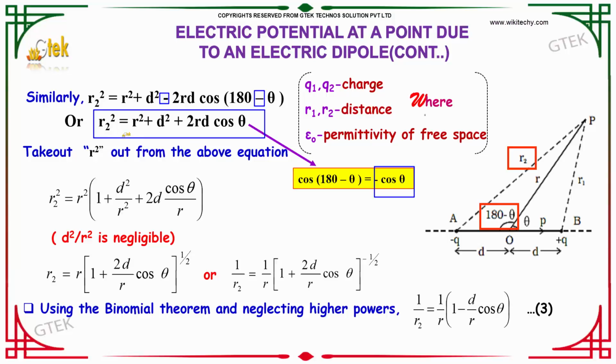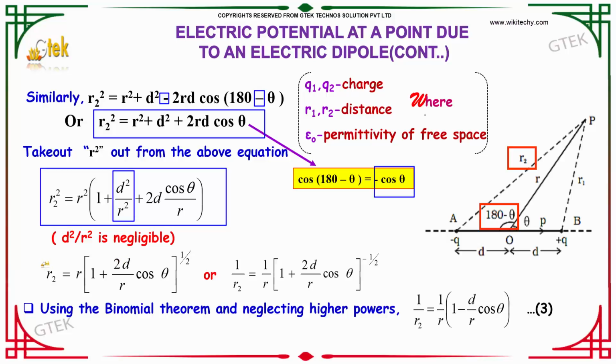Taking r outside from the above equation, this equation will become r2 square equal to r square multiplied by 1 plus d square divided by r square plus 2d cos theta divided by r. Since d square divided by r square is negligible, we can neglect it.